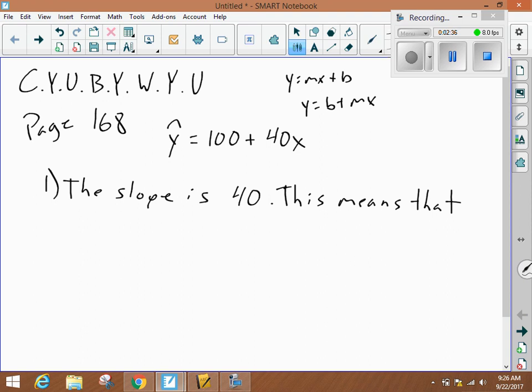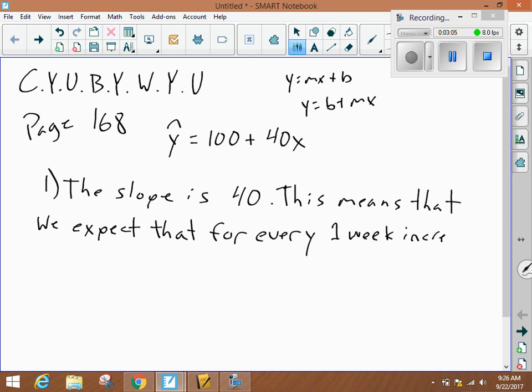This means that we expect that for every one week increase in time alive, I guess. There's a word for that, it's called age.